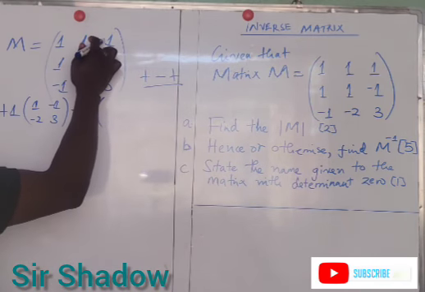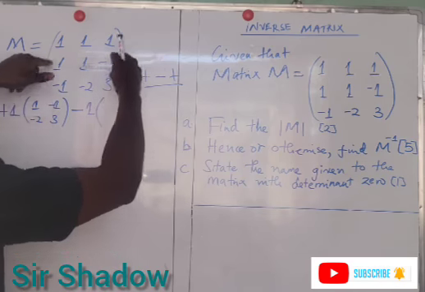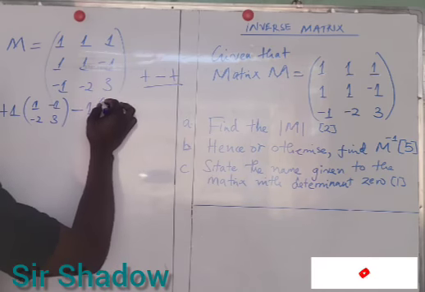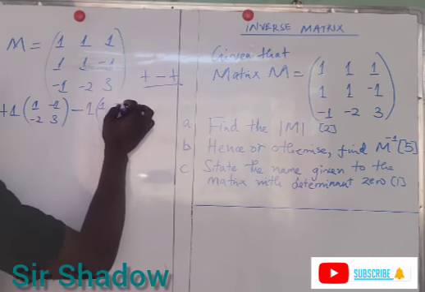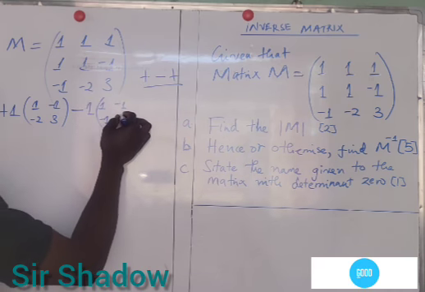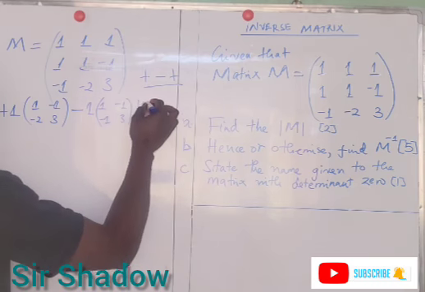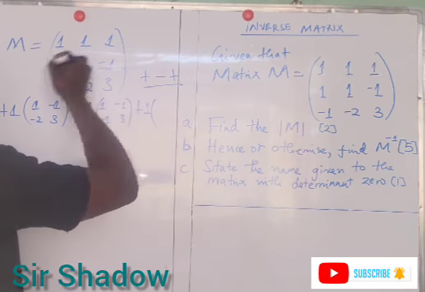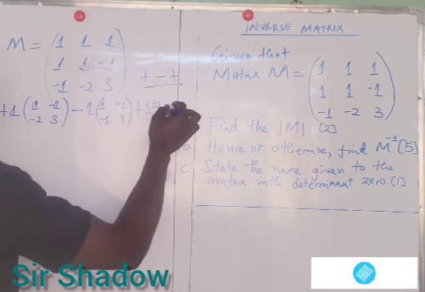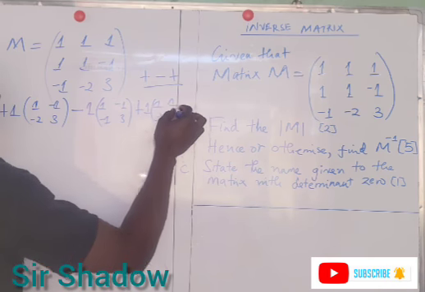So we have negative 1 is multiplying the determinant of the outside values, which is minus 1, here is minus 1, which is 3, plus the last one, plus 1 is multiplying 1 here, 1 here, minus 1, now minus 2, right?